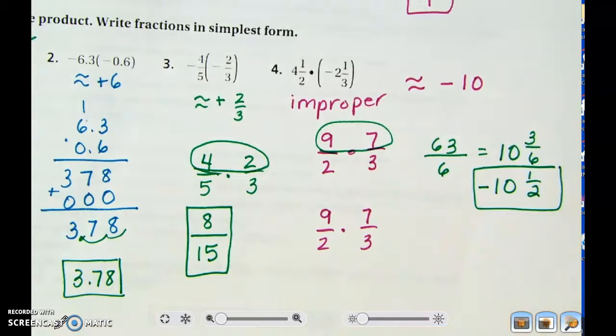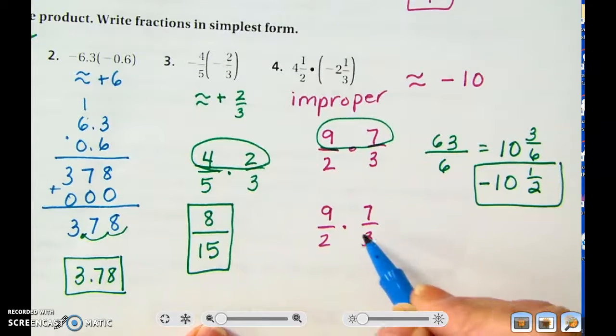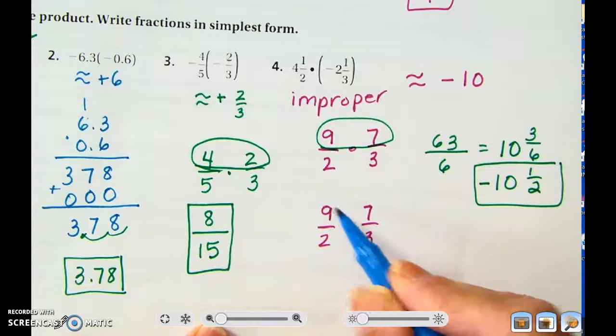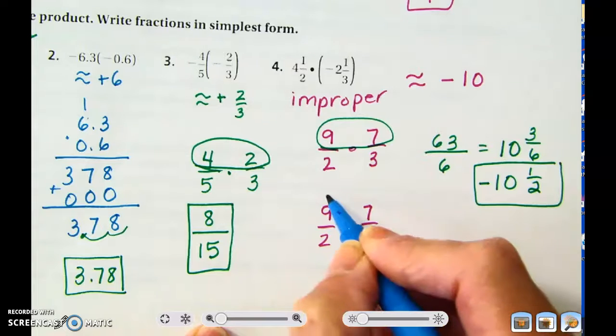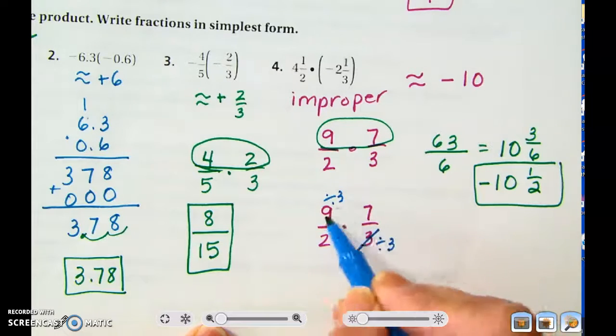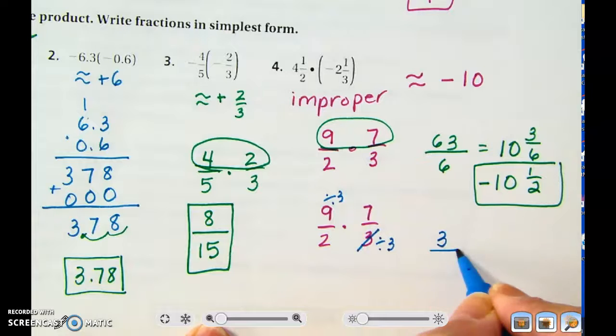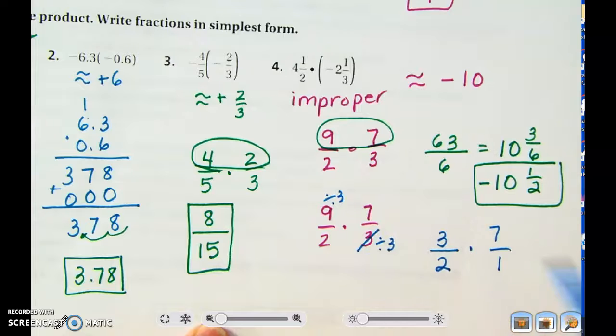All right, or I could do the simplifying ahead of time, which I kind of think is easier. I look at these 2 numbers across. They both have a common factor of 3. So I'm going to divide by 3 here and divide by 3 here. So I get 9 divided by 3, 3 on the numerator, 2 stays my denominator, times 7, and 3 divided by 3 is 1.